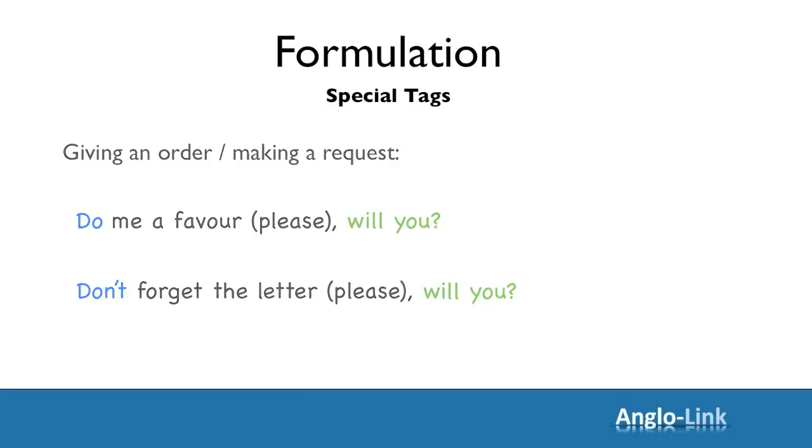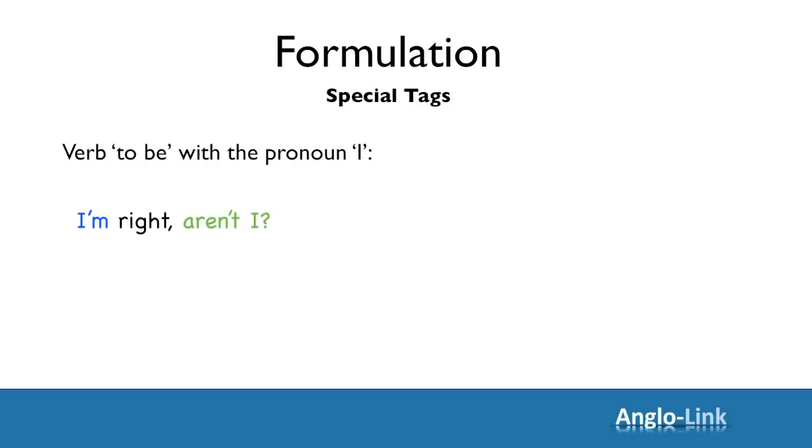And the final special tag you need to be aware of is the tag that we use with the verb to be with the pronoun I when the sentence is positive. Because as you know, the verb am does not have a negative contraction. So we use aren't I?